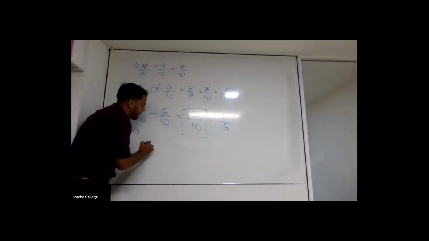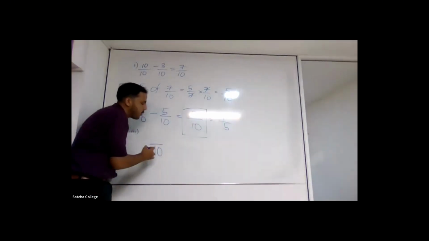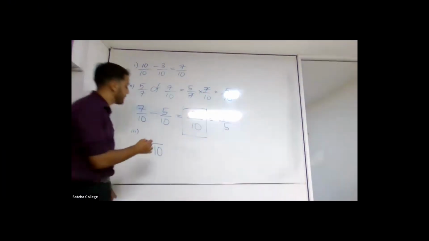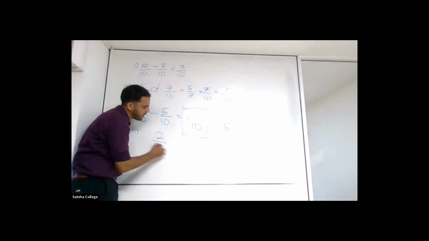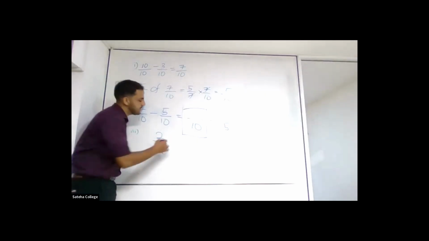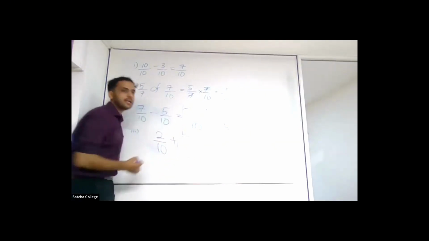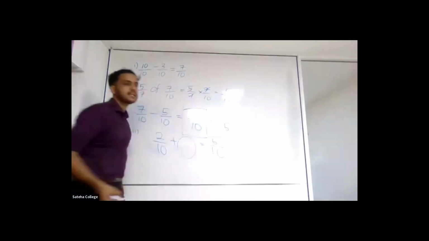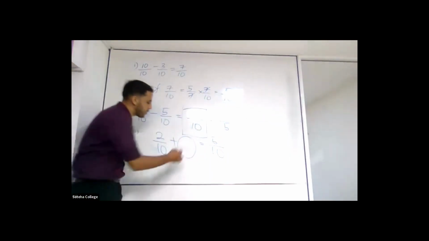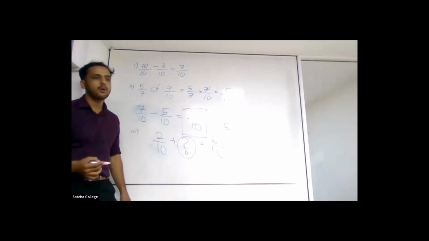If the denominator is 10, what is half of 10? 5. So you have only 2 over 10 of the container initially. Then you add some amount into the container, it became half of the container, that is 5 parts out of 10. Now the question is, what is this amount?